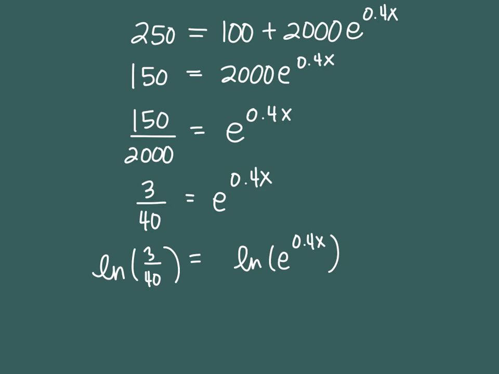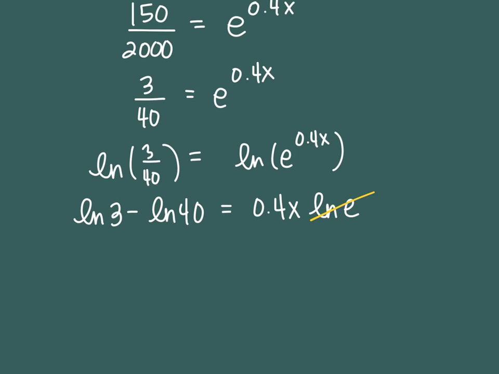My properties say that ln 3/40 is ln 3 minus ln 40. My other properties say that the 0.4 can move to the front along with the x, and I'm left with 0.4x, since ln cancels out, and ln 3 minus ln 40. Now 3 and 40 aren't power numbers, so I can't break them up anymore.